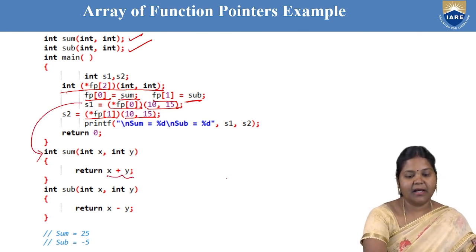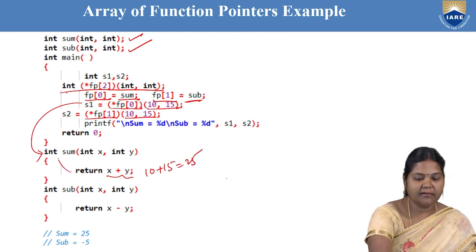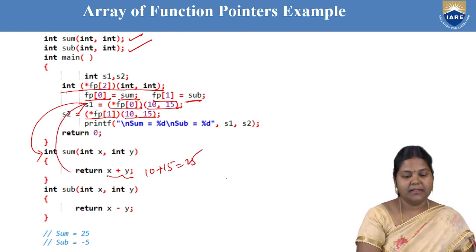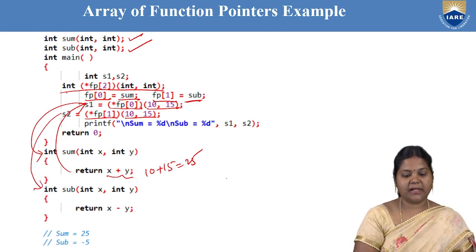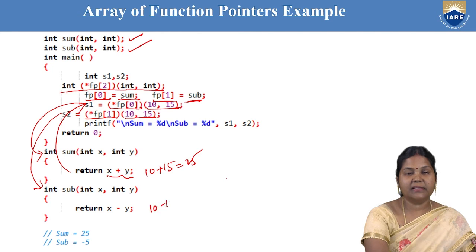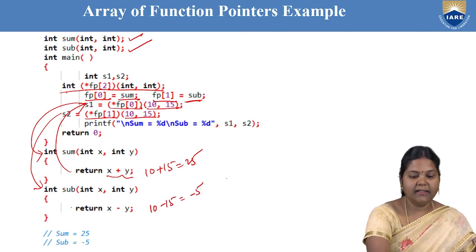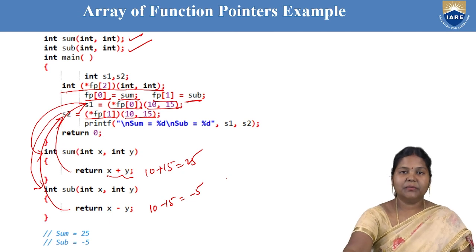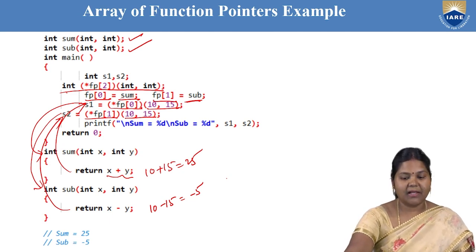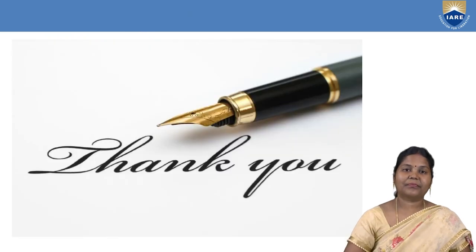It returns the value of 10 plus 15, which is 25, and the return value is stored into S1. Similarly, when you call the second function, the control jumps to the subtraction function. It does 10 minus 15, that is minus 5, and the return value is stored into the variable S2. And then you are displaying the return values of the sum function and the subtraction function.